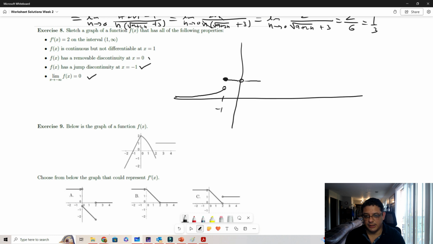Removable discontinuity at x equals 0, we got it because the limit exists, but there's nothing in the definition of the function. It says f is continuous but not differentiable at x equals 1. So if that happens, that means that we have a peak, because we have continuity but not differentiability.